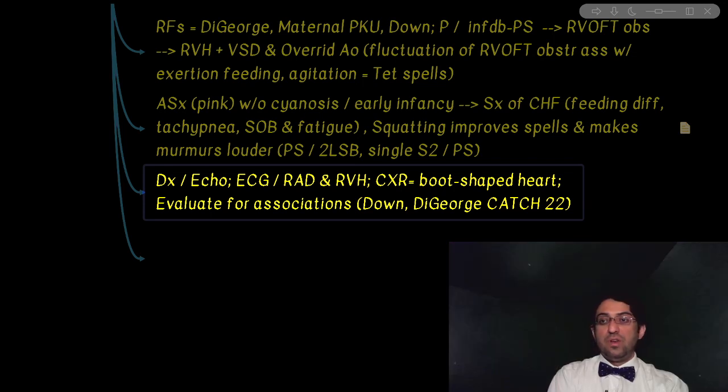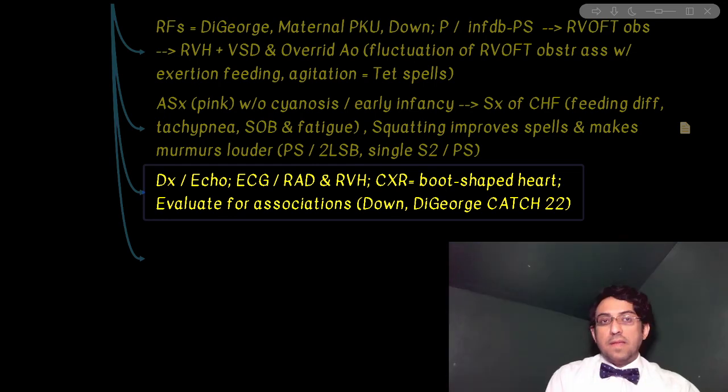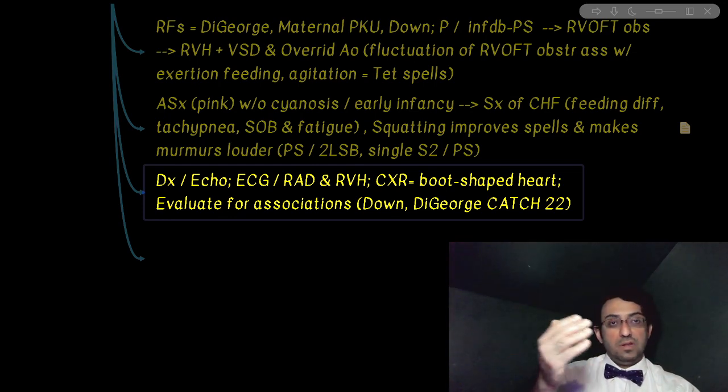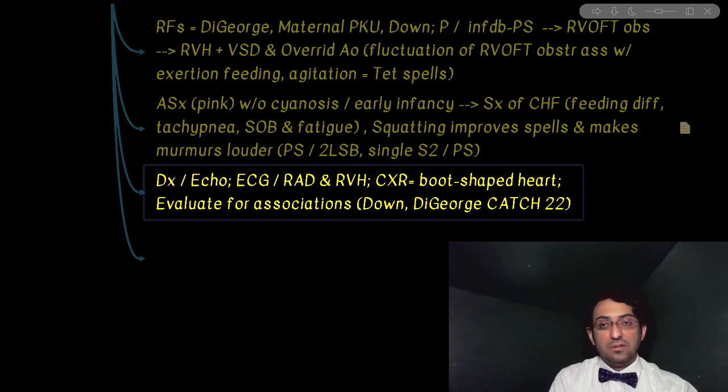True or false, we do not have any findings in association with right atrial dilation or enlargement in tetralogy. That's theoretically possible because the point of obstruction is downstream of the right atrium. However, that's not the hallmark of ECG or chest X-ray findings. What is the finding in ECG?